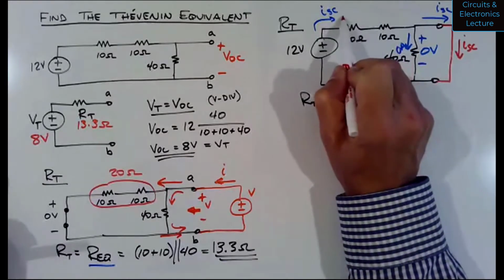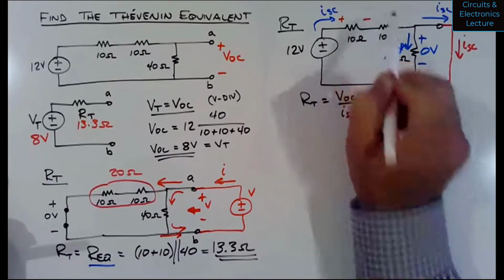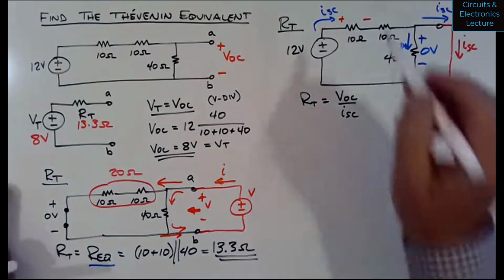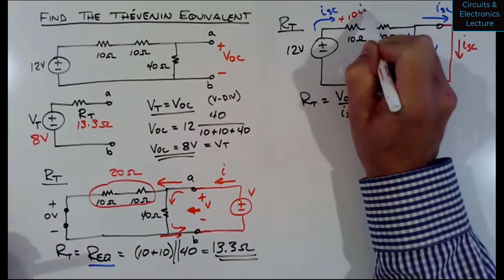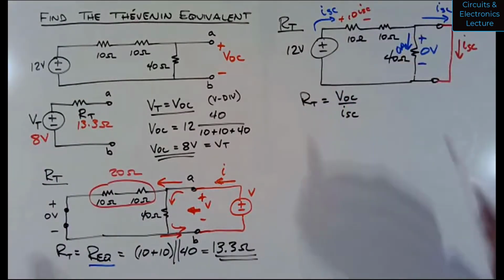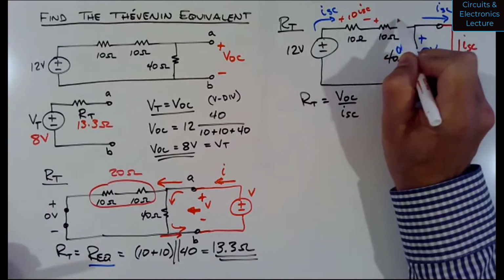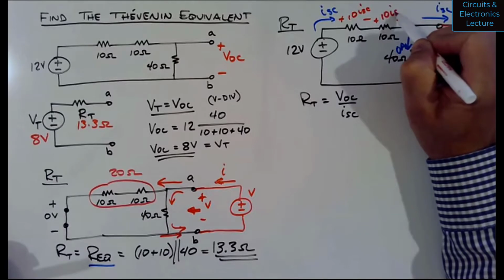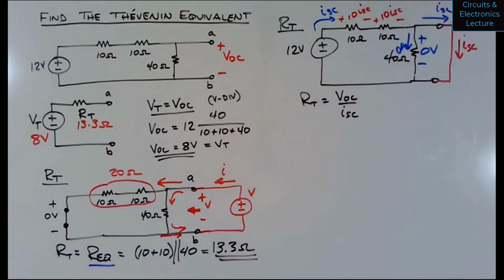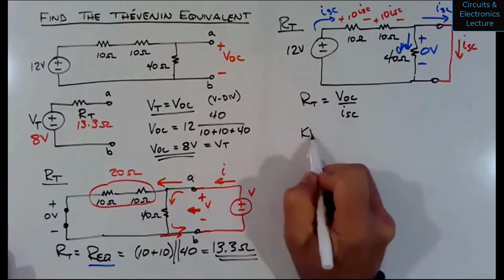What I would see also is, Ohm's law would tell me the voltage across that 10 ohm resistor is I times R, or 10 times ISC. The voltage across this 10 ohm resistor is also 10 ISC. And now I could write a KVL equation. Why do I say that?